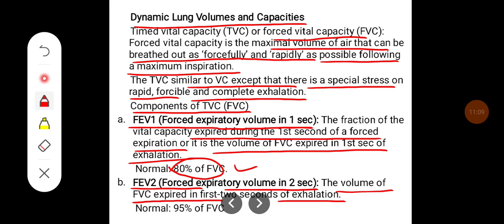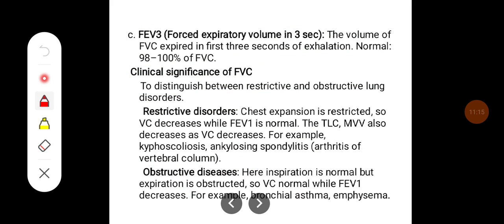Normally 95% of the air is expired in the first 2 seconds. FEV3 is forced expiratory volume in 3 seconds, the volume of FVC expired in the first 3 seconds of exhalation. Normally, almost 99% of the air is expelled by the end of the third second.